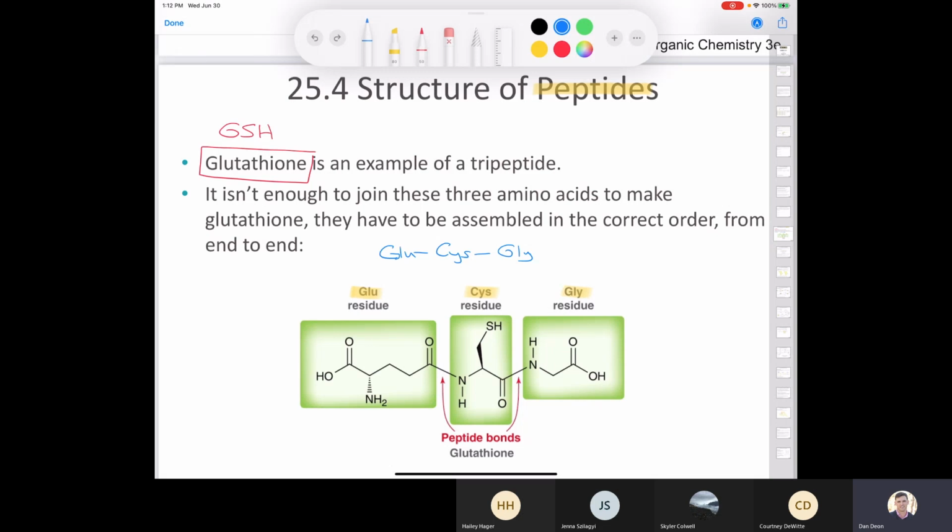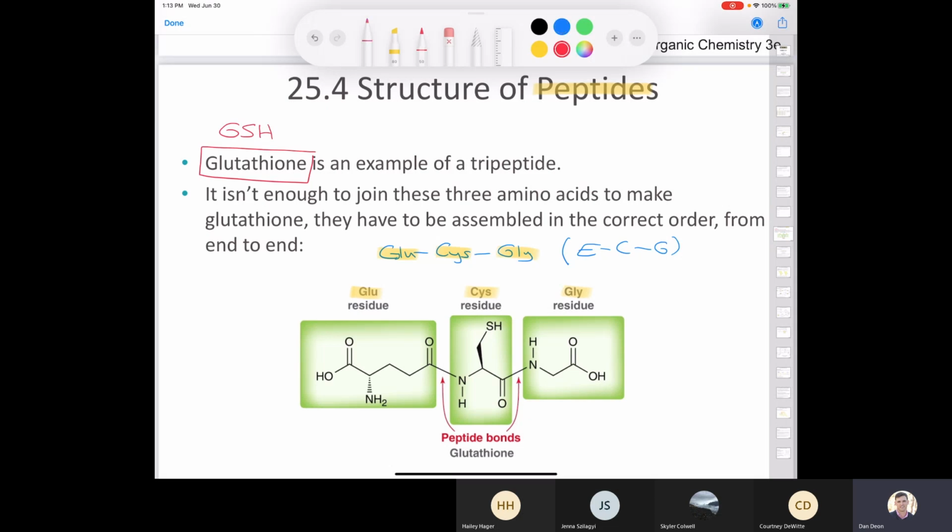You also see that I'm using the 3-letter abbreviations here, GLU, CYS, and GLY, which you don't have to have memorized in this class. There's also the 1-letter abbreviations, which would be E, C, and G, like that. Again, you don't have to memorize those. But if you're somebody who might be biochemistry minded, it would be a good idea to have these structures, 3-letter and 1-letter abbreviations memorized, because you will need to know them for a 3000 or a 4000 level biochemistry class.